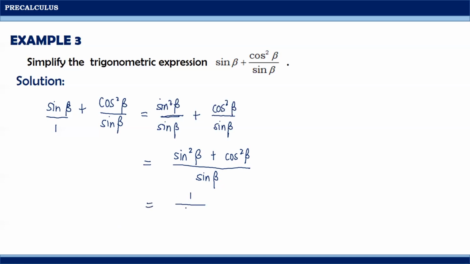So it will become 1 over sine beta. And applying the reciprocal identity, 1 over sine beta is actually equal to cosecant beta. Therefore, the simplified form of the trigonometric expression is cosecant beta.